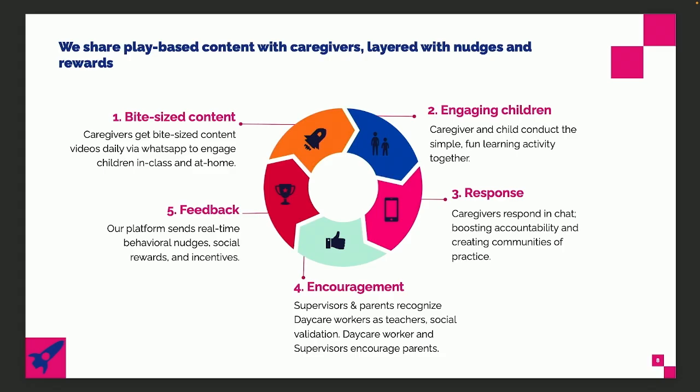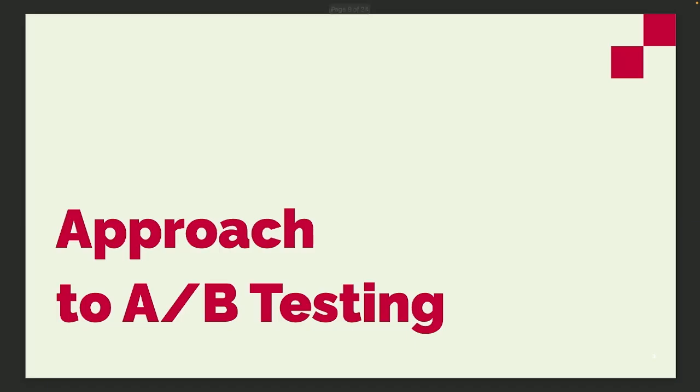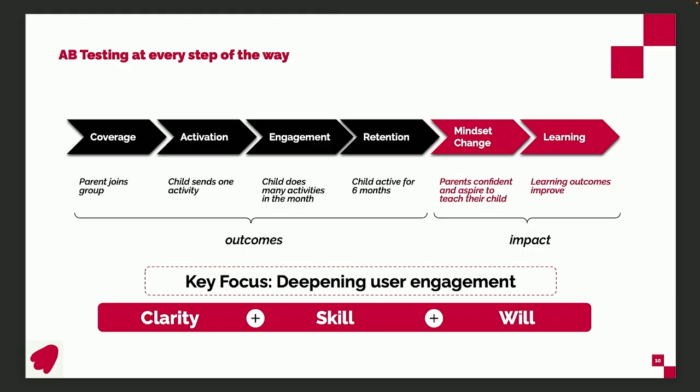We see pretty good engagement compared to other edtech standards out there: about 30% of parents engage regularly over a good period of time, and more than 80% of teachers engage regularly in terms of doing these activities and sending photos and videos back.